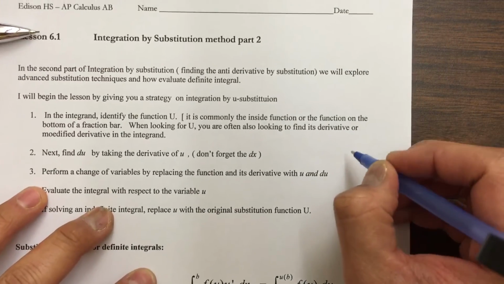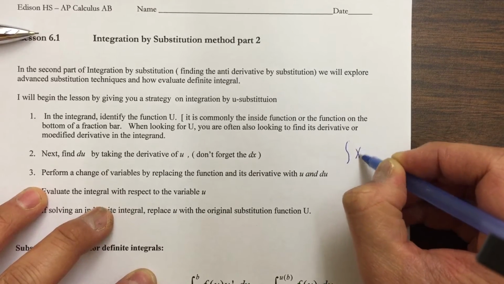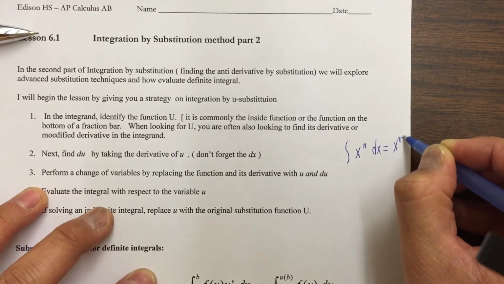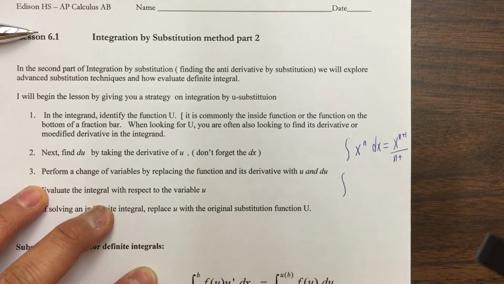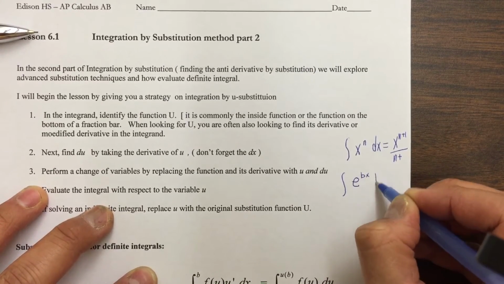Like, we know how to find the antiderivative of a power function. We know how to do that, right? We know how to find the antiderivative of an exponential function. We know how to do that.